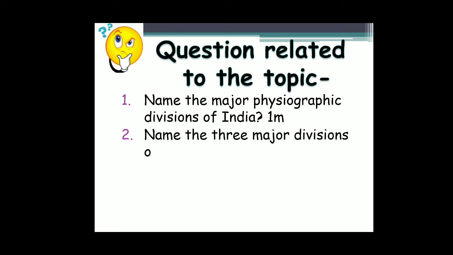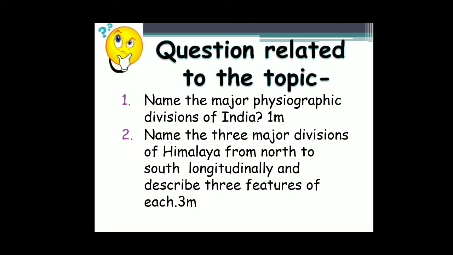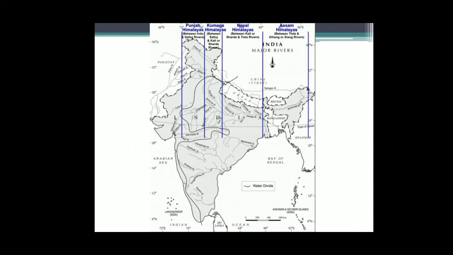Name the three major divisions of Himalaya from north to south longitudinally, and describe three features of each. So you are going to describe three features of Himadri, three features of Himachal, and three features of Shivalik respectively.